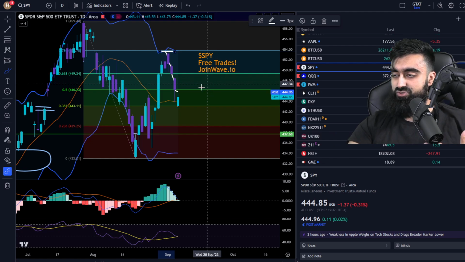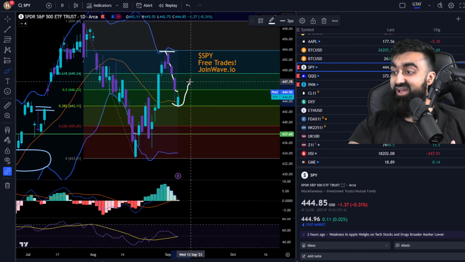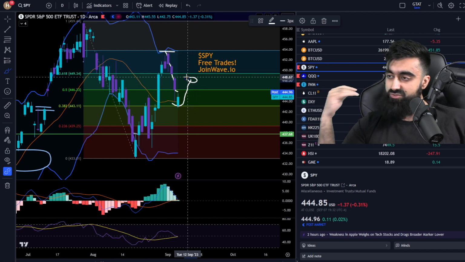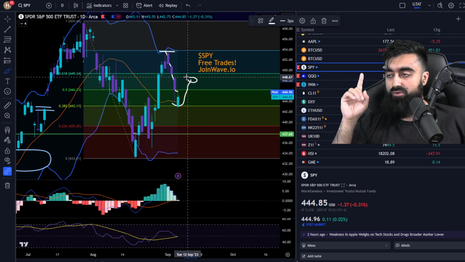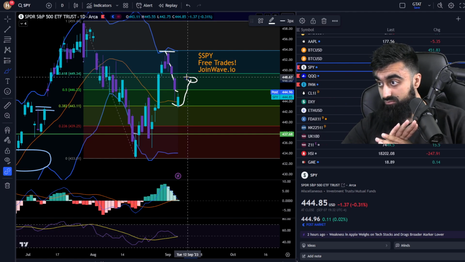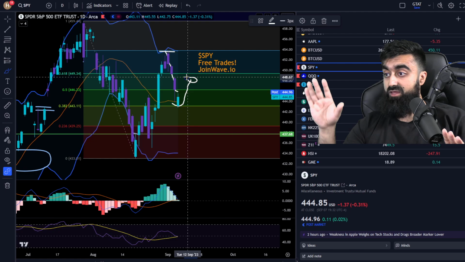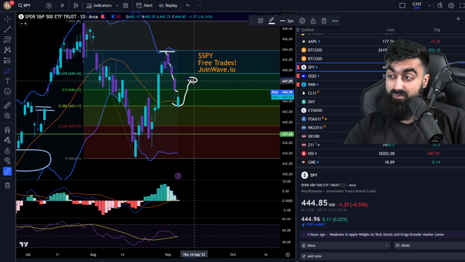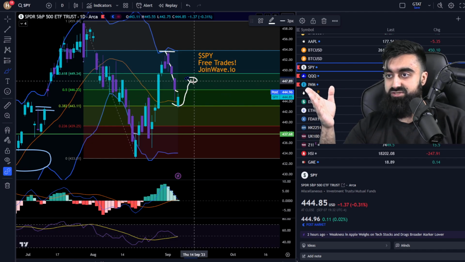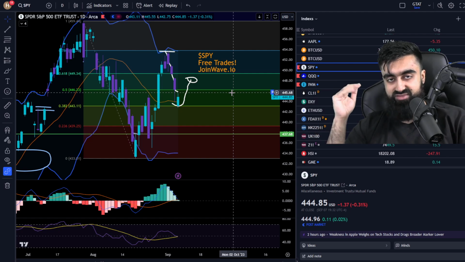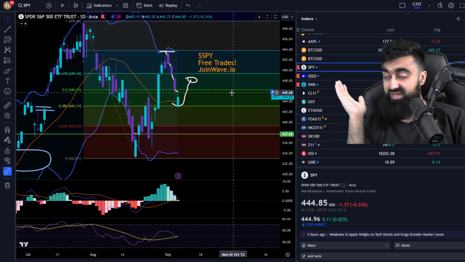A better opportunity to short would be to let the bulls bounce this up to 447, 448, and then short it up there. That's what I'm expecting to happen for multiple reasons. Obviously, the NYMO and the NYSI are showing bearishness, and the dollar is still showing some strength. But the reason why I think that we should get some sort of a bounce to these levels of resistance is that the large mega cap multi-trillion-dollar tech companies are still showing some strength and some bullish breadth in the market.